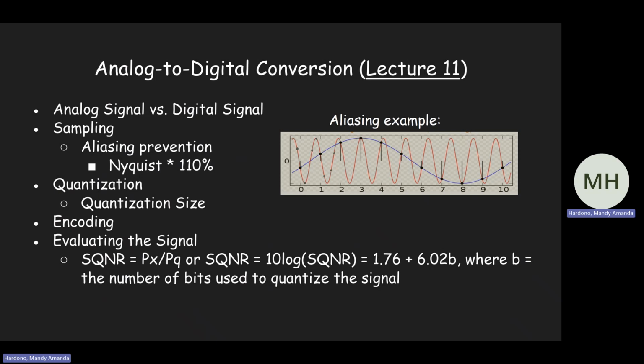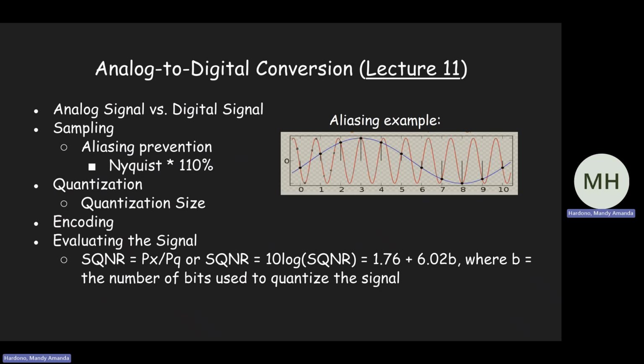It's an example of aliasing where the signal is sampled at those black dots, and you could represent either the blue signal or the red signal, as both of those signals pass through the dots you've created on the page. So that's aliasing, where the sampling represents more than one signal. It's not necessarily accurate to one signal.